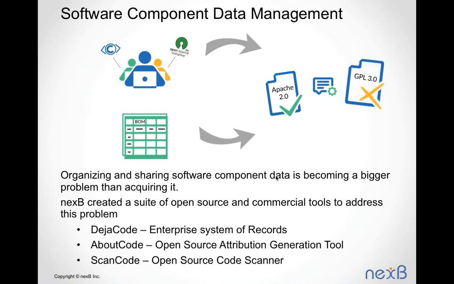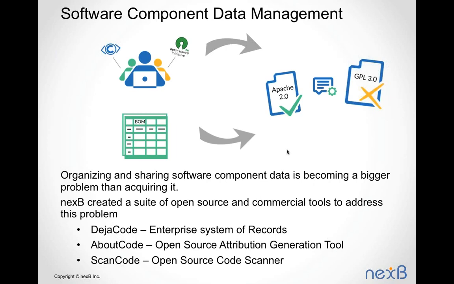We have a few solutions to help our customers with that. A product called DejaCode, that's the main focus for today. We also offer open source software audit services, and we also have open source tools to help you scan code and help you with generating attribution for your open source software.